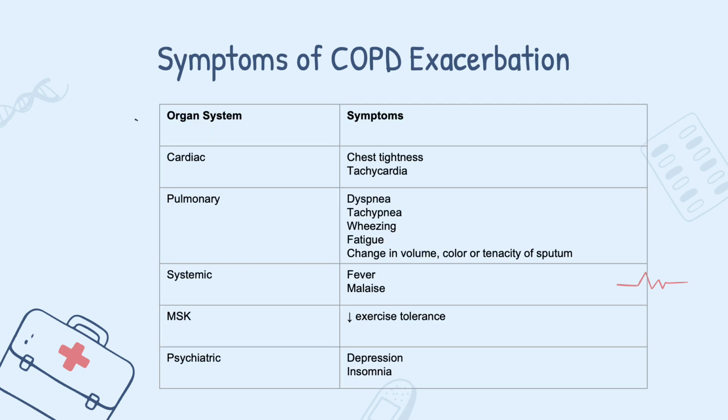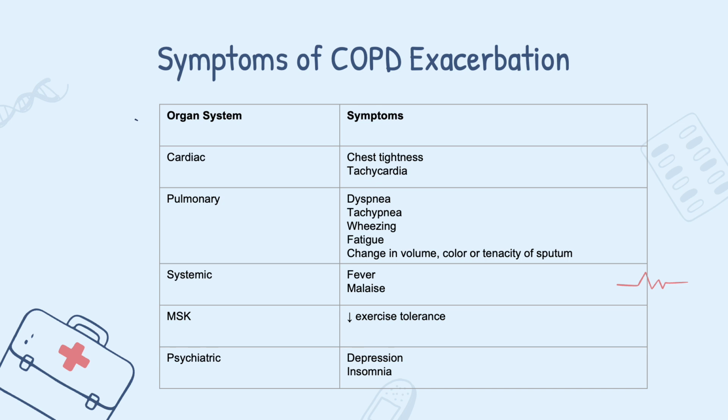Here are some other symptoms of COPD exacerbation. Cardiac: chest tightness, tachycardia. Pulmonary, we talked about all of those. Systemic: they may have fever and malaise. MSK: decreased exercise tolerance. And psychiatric: there may be depression and insomnia involved.